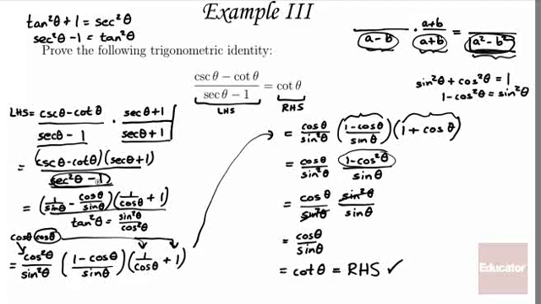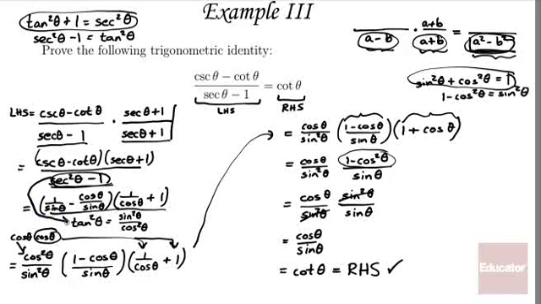The second pattern that we used there was to invoke these Pythagorean identities. Tan squared plus 1 equals secant squared, and sine squared plus cosine squared equals 1. So we invoked that one here, converting secant squared minus 1 into tan squared.